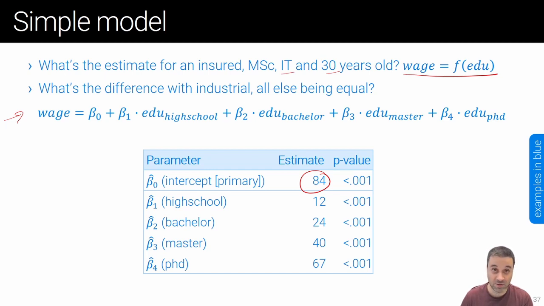It doesn't care for insured, etc. So here we are not really able to test anything about these two research questions with this simple model, right? What we can say is that the higher the education, the higher the deviation from the primary. Makes sense, right? Everything is statistically significant. That's good, but it doesn't allow us to answer the research question.